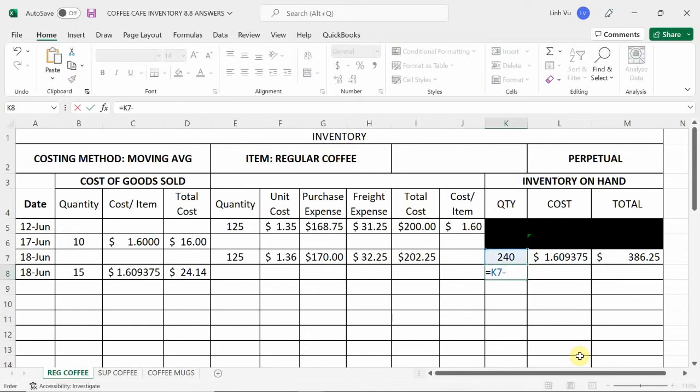I sold 15 pounds. So how much should I have left? 240?